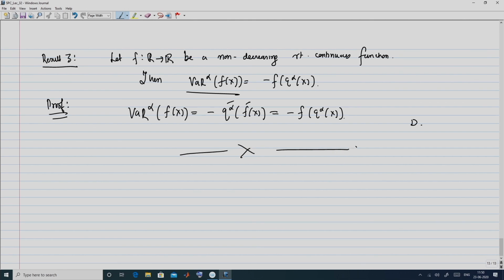Alright, so this brings us to the end of this discussion on value at risk. Just to do a recap, we picked up from the results that we had done last time on the quantiles, and we now introduce the definition of value at risk of X to be negative of the quantile of X, and we gave an interpretation of the VaR in terms of looking at the loss and the percentage level with which you can predict this loss. We looked at 3 different examples.